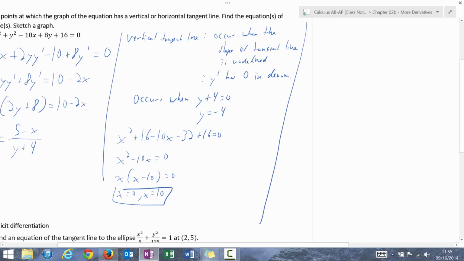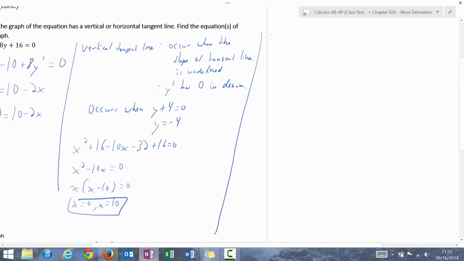So I'm out of space, and I'm going to move over to the right while we look for a horizontal tangent line. Sorry, but you can attach a sheet of paper or something. A horizontal tangent line, basically those occur when the slope of the tangent line equals 0.